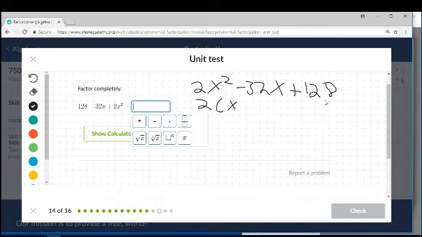So that's 2 times x squared minus 16x plus 64.